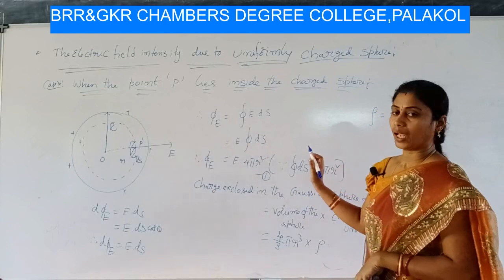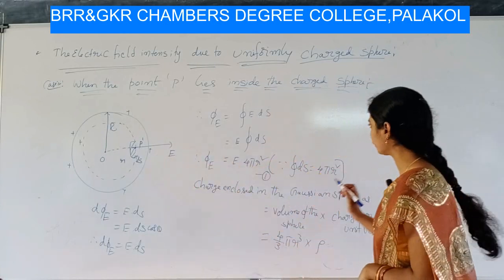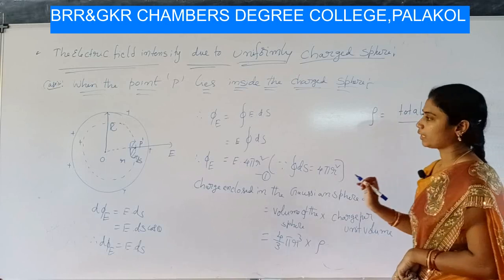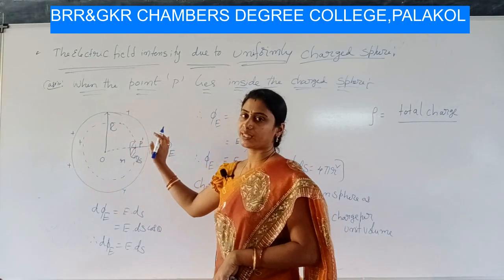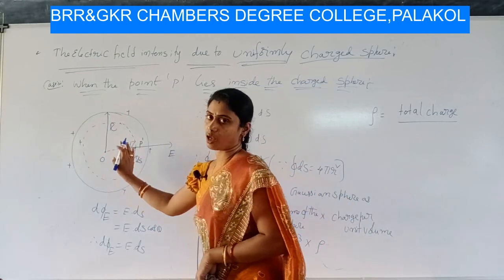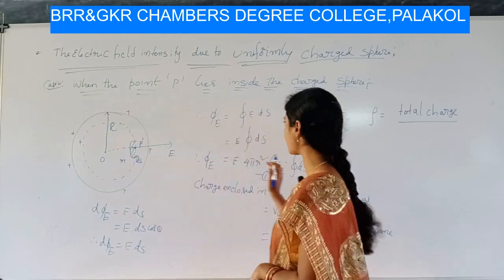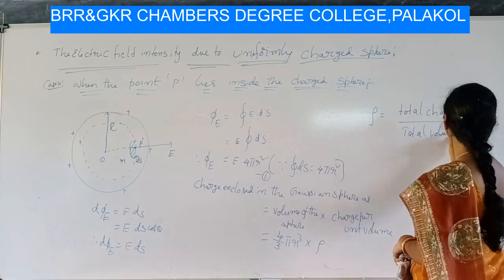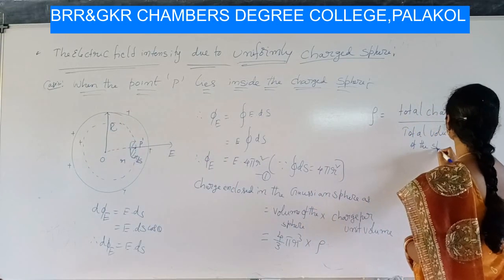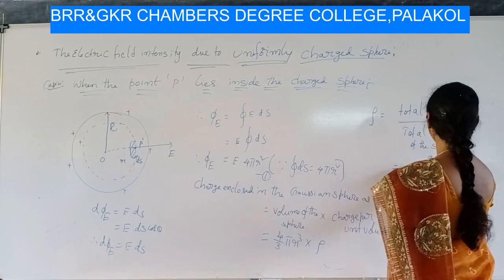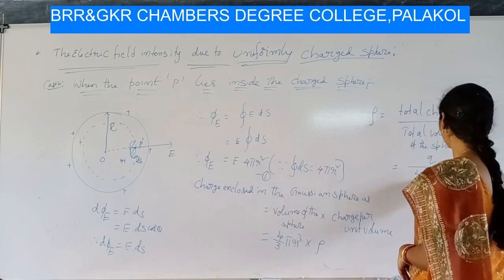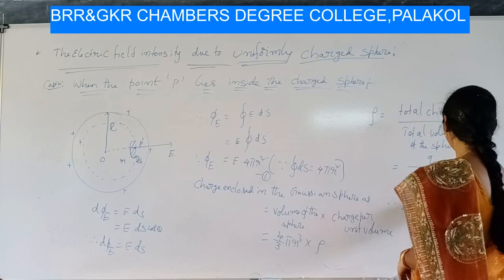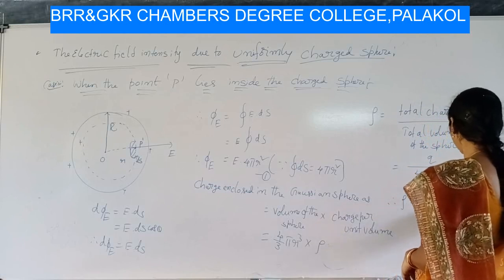We calculate this rho, the charge per unit volume, as the total charge divided by the total volume of the sphere. The charge Q is distributed uniformly throughout the sphere, and we take the radius of the total sphere as capital R. Then rho equals Q divided by 4/3 pi R cube, so rho is 3Q by 4 pi R cube.